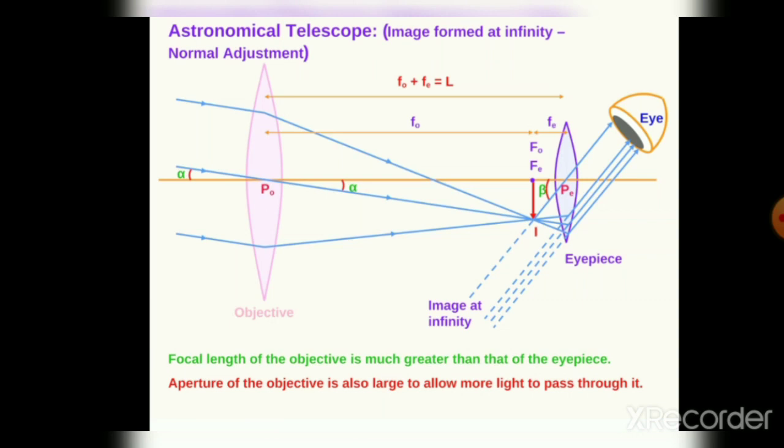The lens facing the object is called the objective, and the lens near the eye is called the eyepiece. Here the diameter and the focal length of the objective are greater than those of the eyepiece.